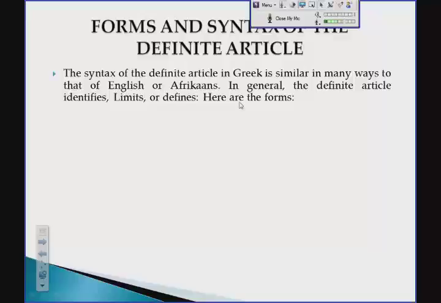If I say a man and the man, what is the difference? You don't know a man, but you know the man. It's definite, okay?